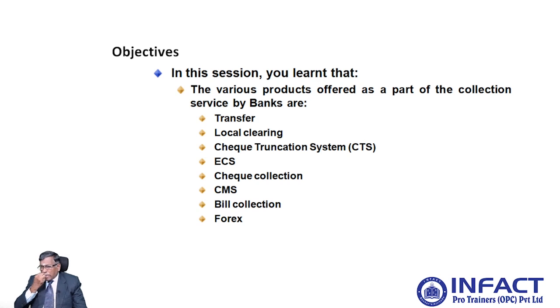So there are various products available to the customers under collection, and these products are handled by almost all banks in India. It is not that one bank is not doing this particular product or another product. Every bank is nowadays equipped with handling all these types of products under collection. We will see one by one how these products are offered to customers and how they are operated across the banks.